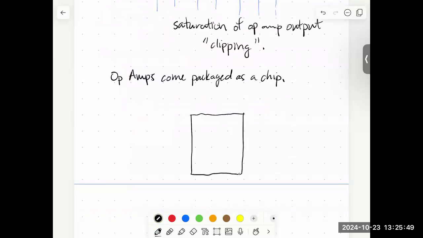Okay, so it's a black little square, and then it's got some markings on it. So it has like a little indentation at the top or a little circle in one of the corners. It might have one or both of these markings. And then the other thing it has is a series of pins. The op amps we're going to use have 8 pins. So these are 8 pins or electrical contacts.